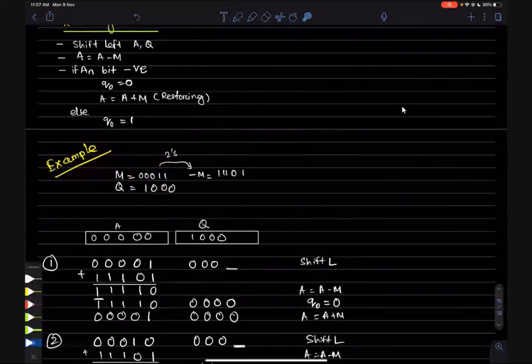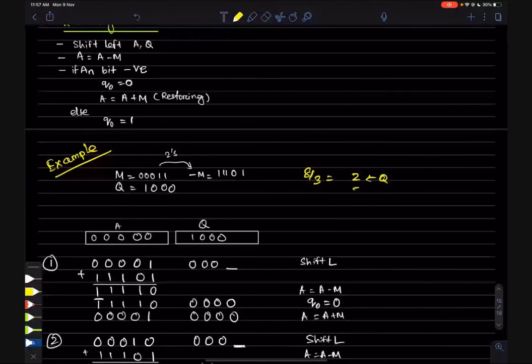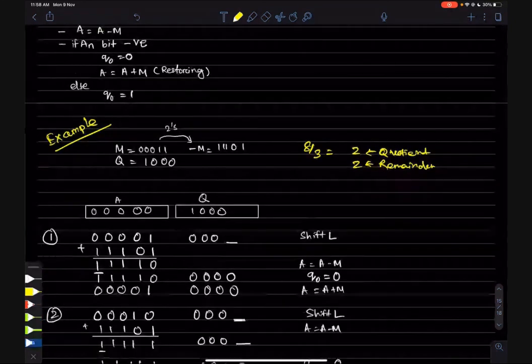M value is 3, and this is 8. So 8 divided by 3, done: 2 quotient and 2 remainder. Whenever we do 8 divided by 3, we get 2 as quotient and 2 as remainder. So that's why we got the same 2 and 2.